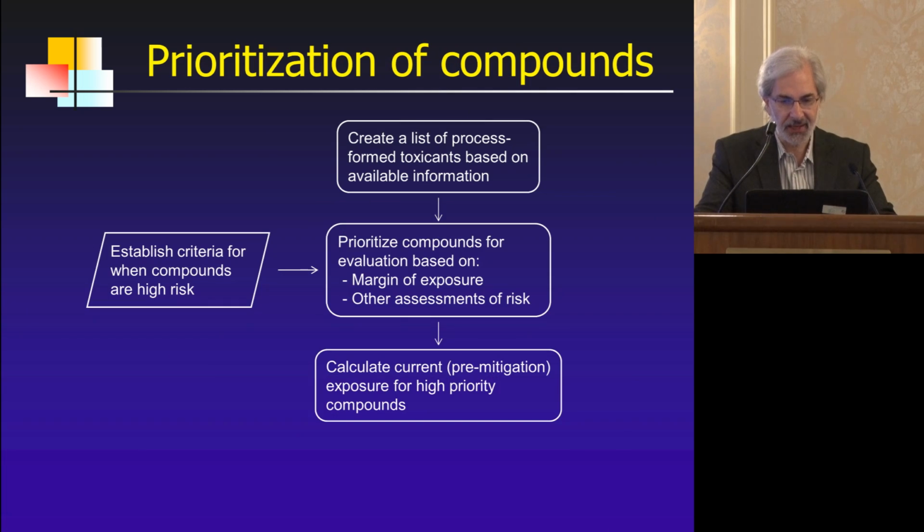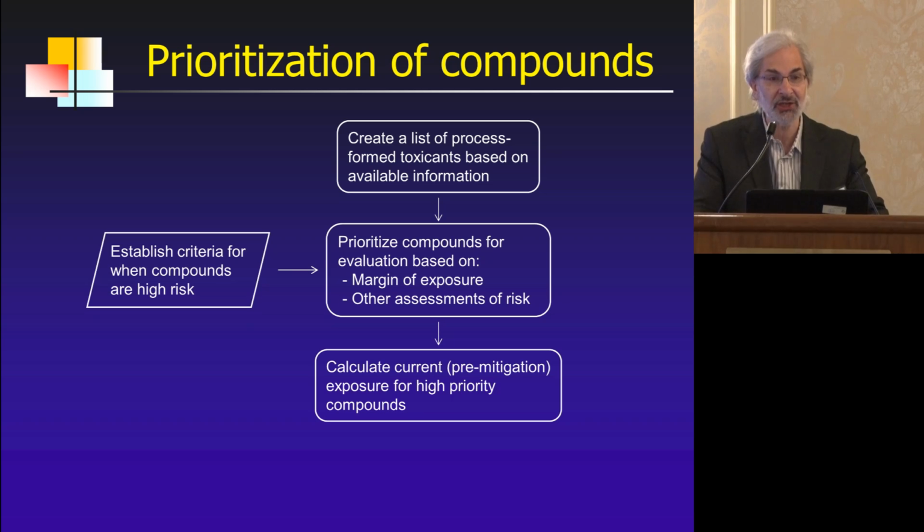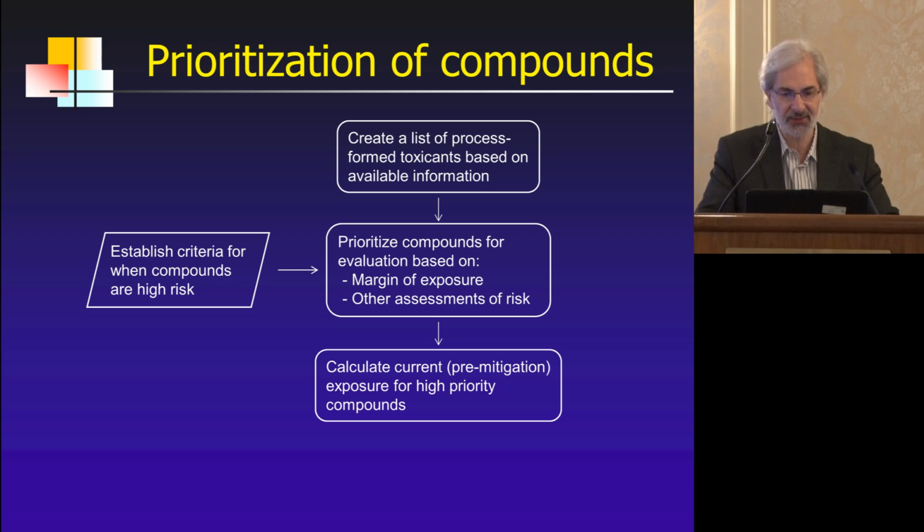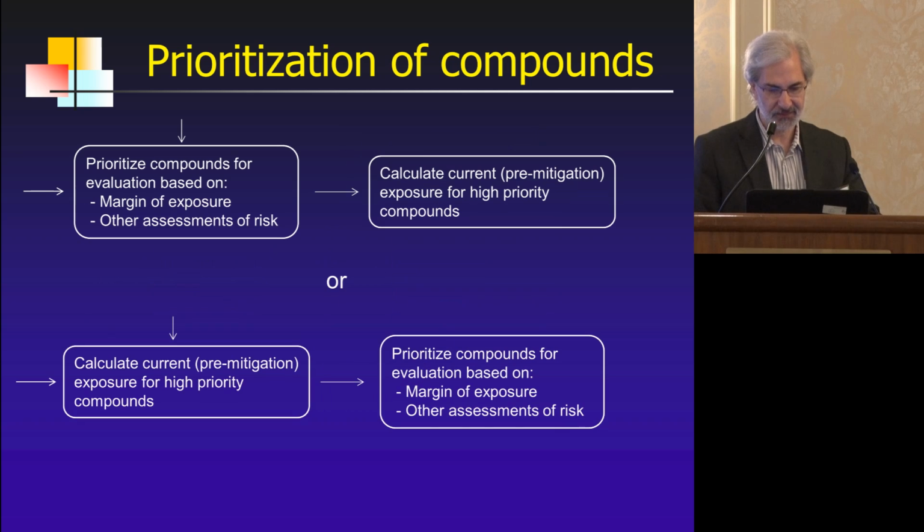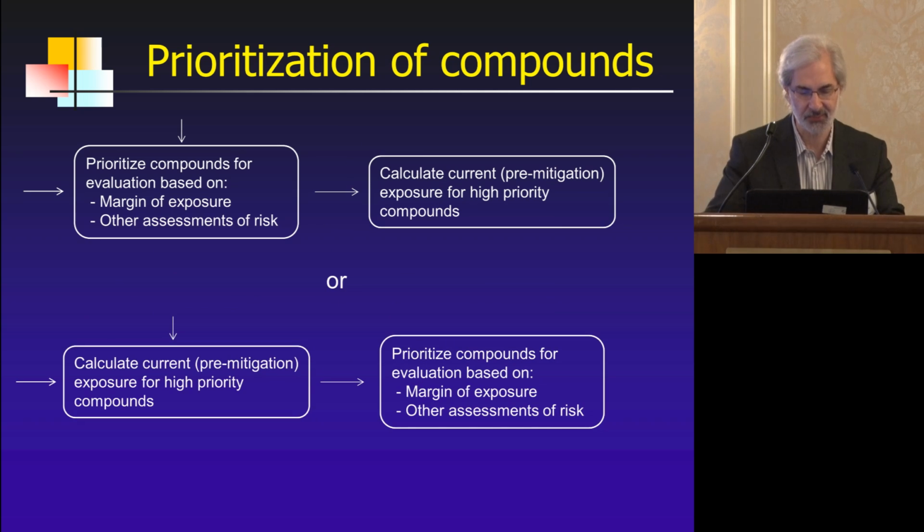So we've created a list of process toxicants, and we've established criteria for when compounds are high risk. So we have to prioritize compounds for evaluation based on either the margin of exposure or some other assessment of risk, and then calculate the current, that is the pre-mitigation, exposure for these high priority compounds. That's the way the framework is expressed at the moment.